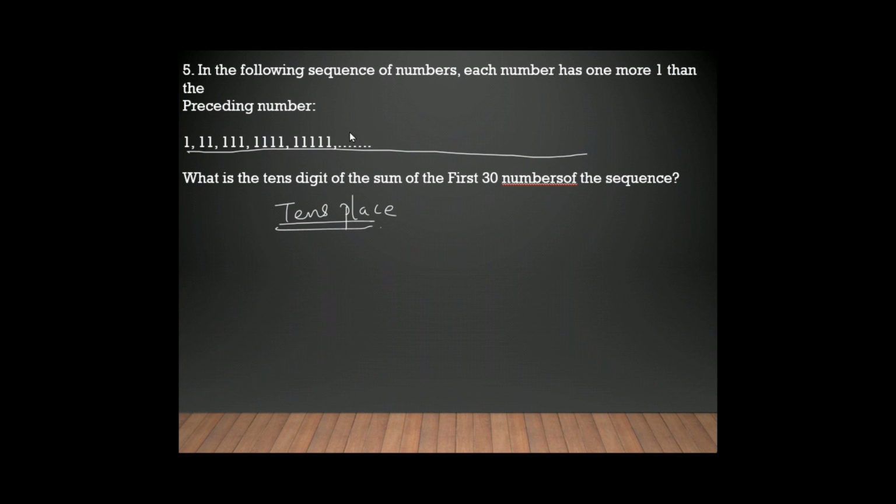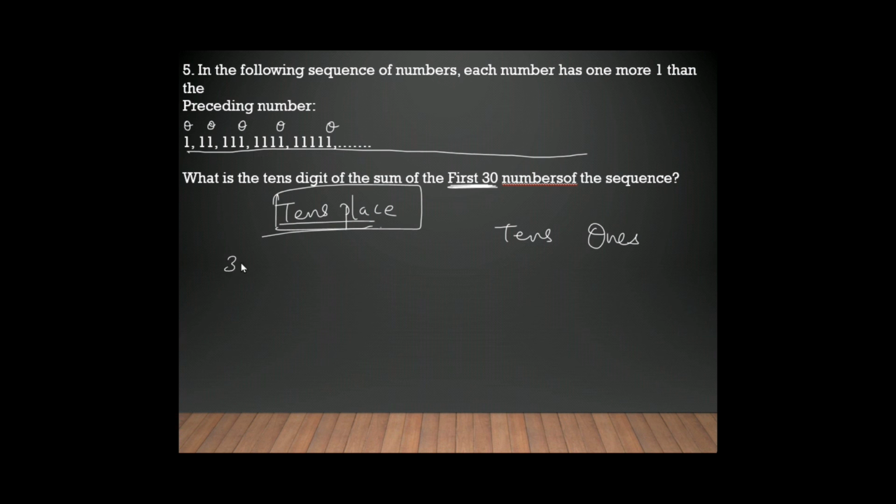So, as you know, all the numbers are going to have 1 in the ones place. Right now we are just going to talk only about the ones place and the tens place, because we need only the digit in the tens place here. Now, since we are talking about the first 30 numbers, all of them are going to have 1 in the ones place.